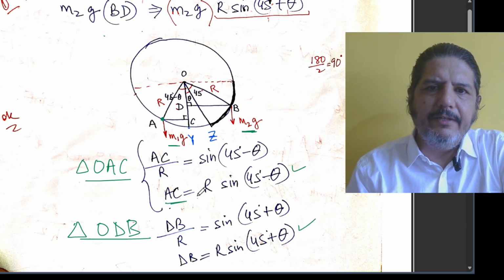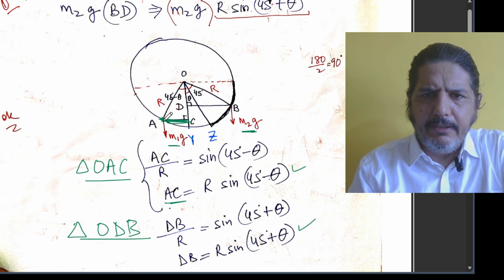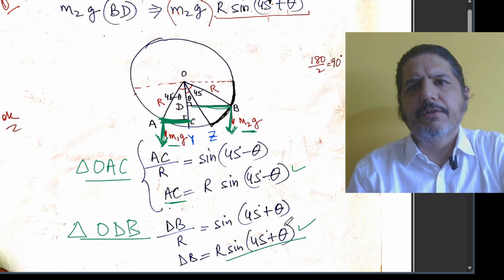So I have calculated AC. For calculating the torque, I will multiply this distance by this weight. Similarly, here I will multiply this weight by this distance DB, where DB is r sine (45 plus theta).